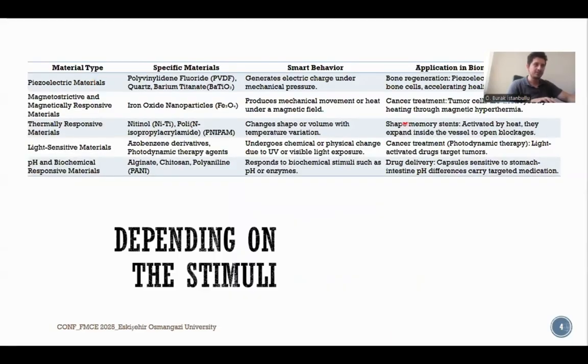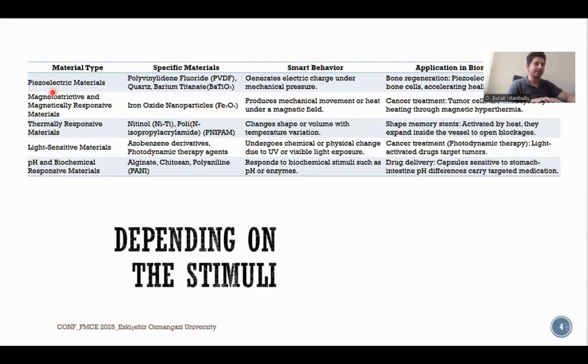This table summarizes the classification of smart materials based on their type and intended application. It presents the smart behavior associated with each material type and highlights specific biomedical applications.